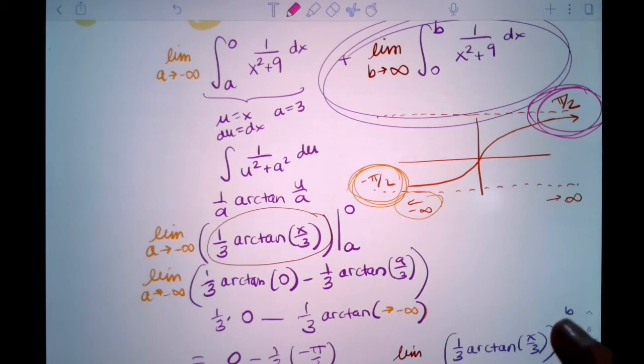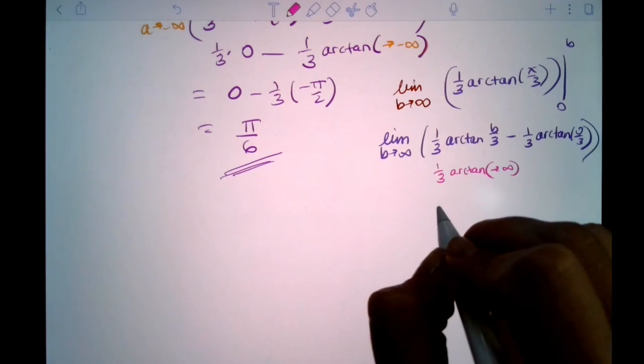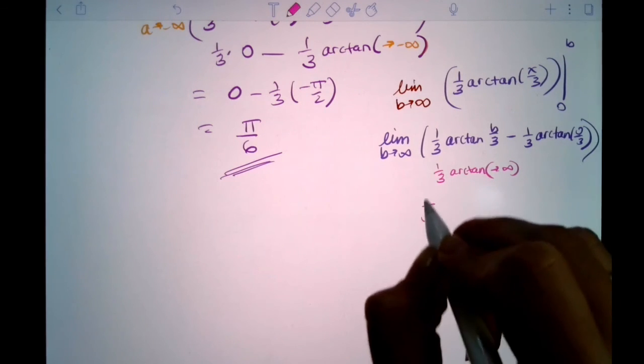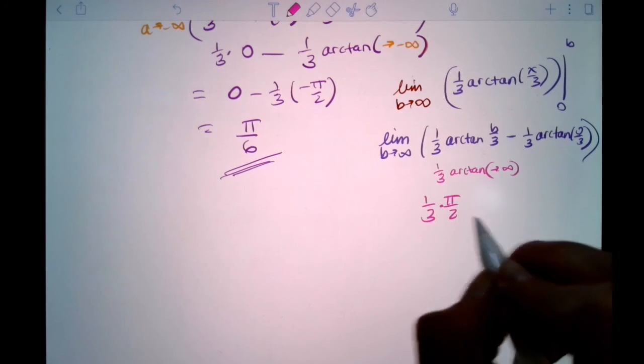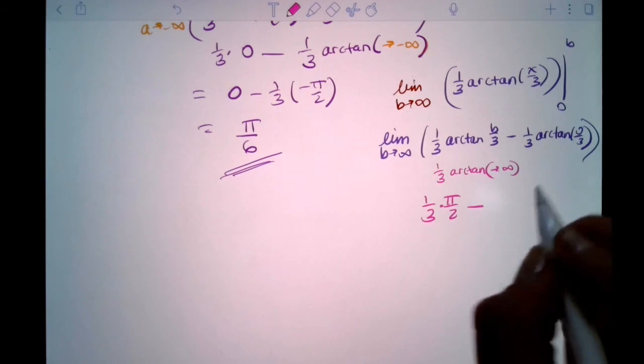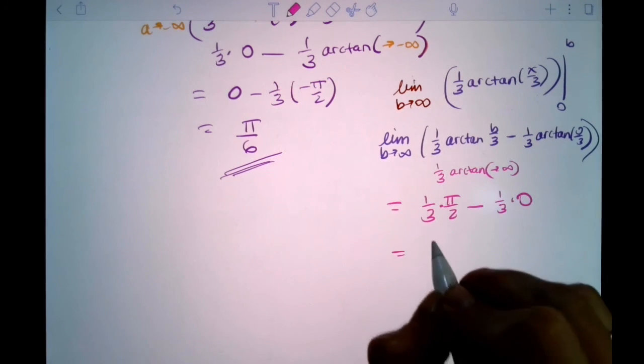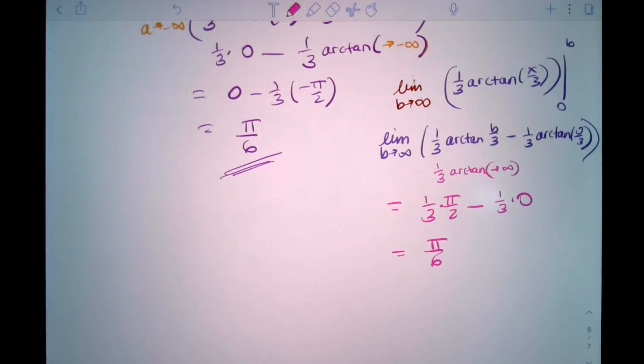That's what your output is doing. What are your y values doing, right? When we talked about limits. And so then I can answer this. It's 1/3 times pi over 2. Now, arctan of 0 is in fact 0. So it turns out that this is also pi over 6.